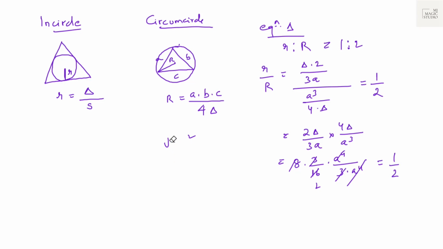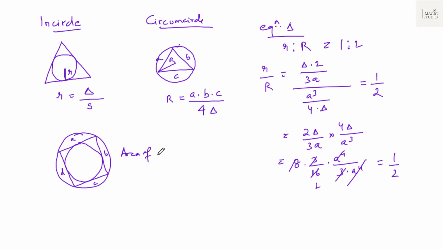This we can remember. Okay, last but not the least in this, there is a very interesting quadrilateral. Suppose you have a quadrilateral whose 4 sides are A, B, C, D, which can be both encircled and circumcircled.